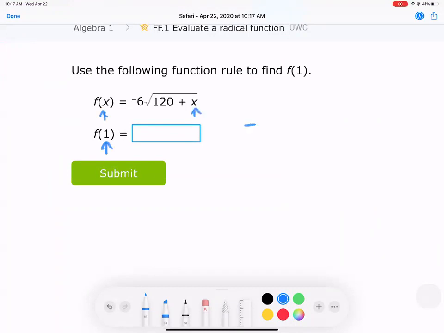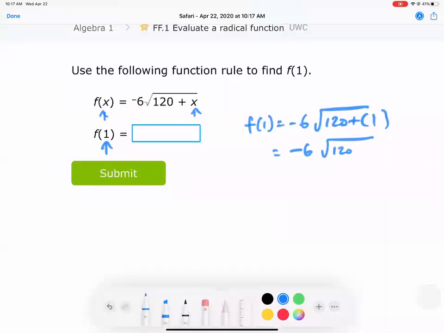So write it out. F of 1 is equal to negative 6 square root of 120 plus, and we said x became 1. So we're going to rewrite it: negative 6 square root of 120 plus 1.